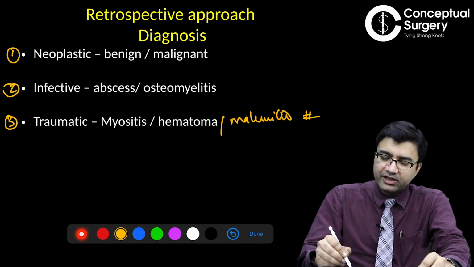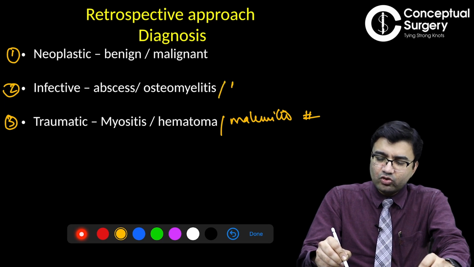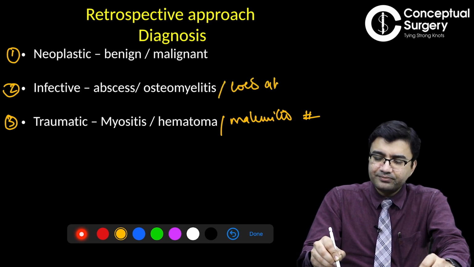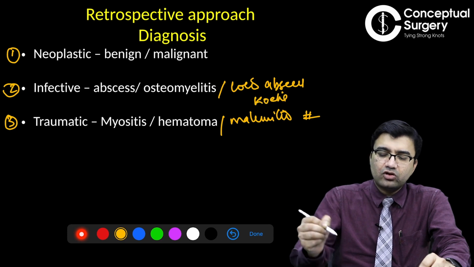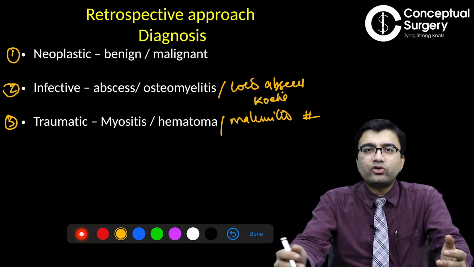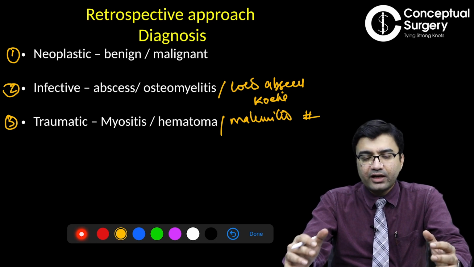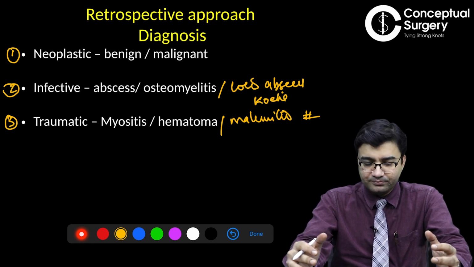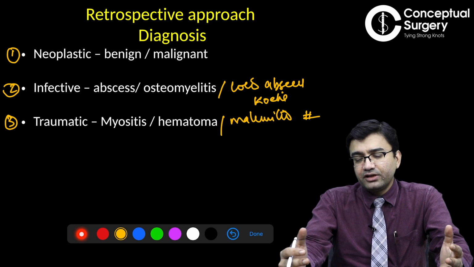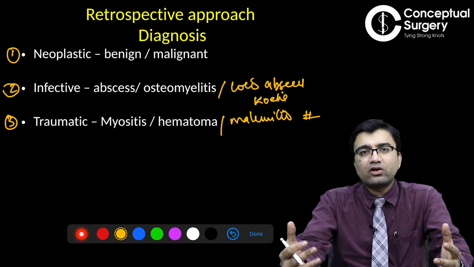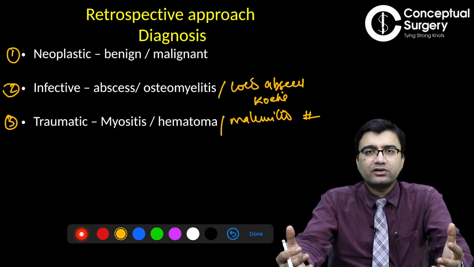Most of the time it's either a cold abscess, which is commonly seen in the joints, or chronic or subacute osteomyelitis-like features where acute presentations are missing. Also, in acute cases with fever, the patient is in distress, so examiners usually avoid keeping such cases which may cause distress to the patient.